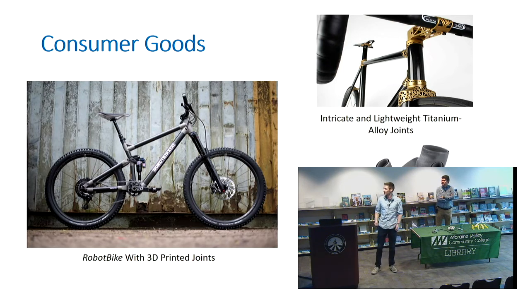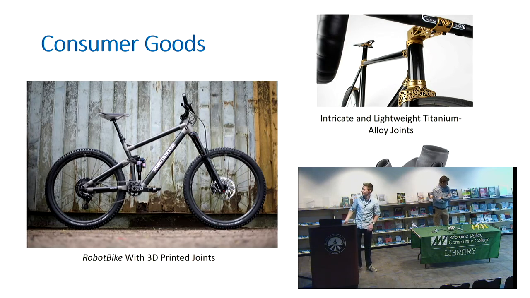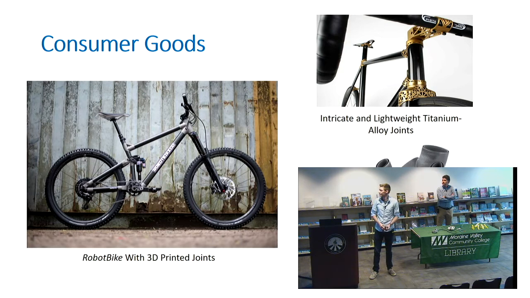And when we use this technology along with topology optimization, we're able to create really lightweight frames. Like the frame pictured here in the top right, the frame itself only weighs 2.5 pounds because we're able to create highly lightweight parts that are just as strong as they need to be.